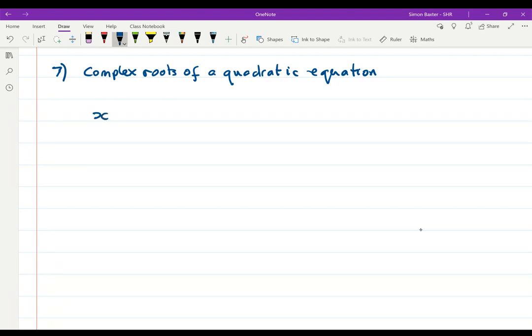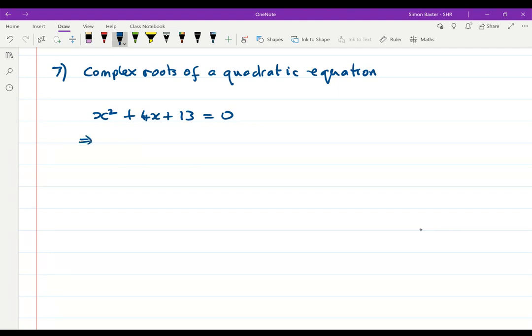Let's look at x squared plus 4x plus 13 equals 0. b squared is 4 squared, which is 16. 4ac is 4 times 13 times 1 is 52. b squared is less than 4ac, so this definitely has no real roots.